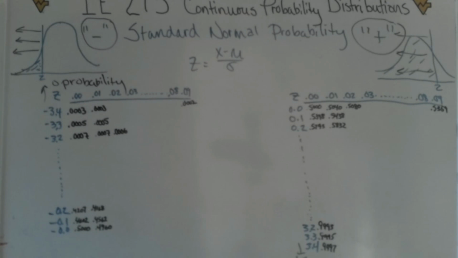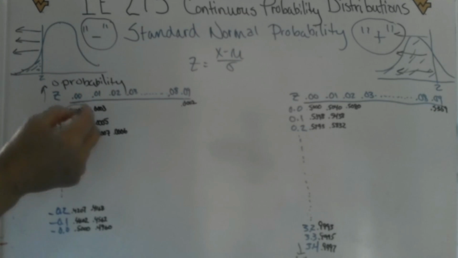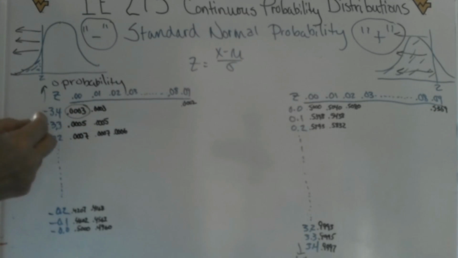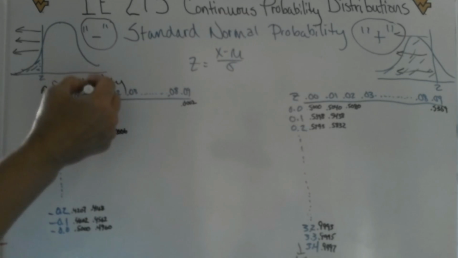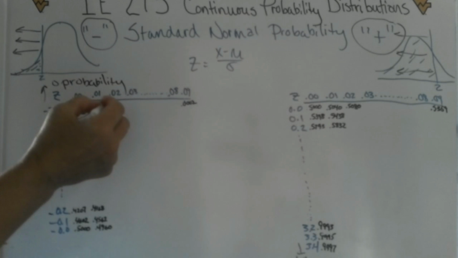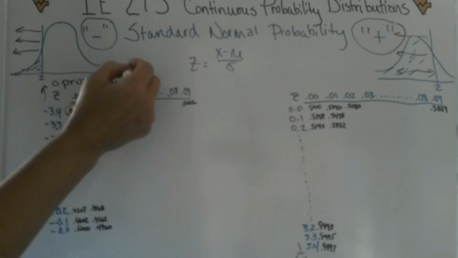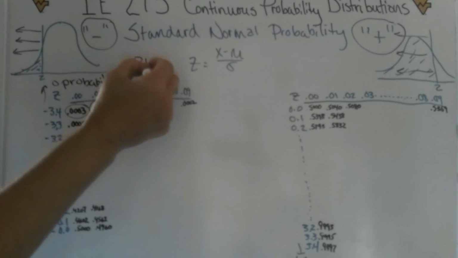So let's take a look again and start at the beginning with the z-table. We have a negative 3.40. The value for negative 3.40 is 0.003. This point would represent negative 3.41.